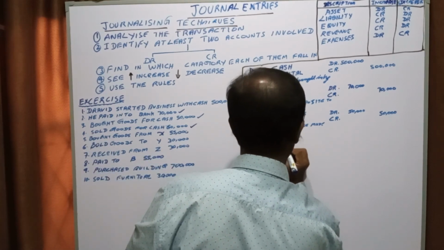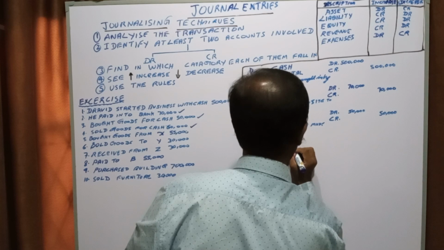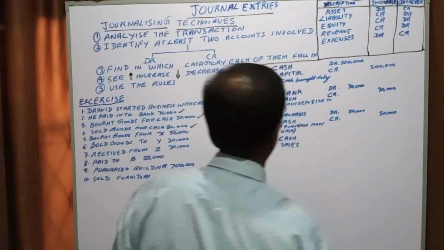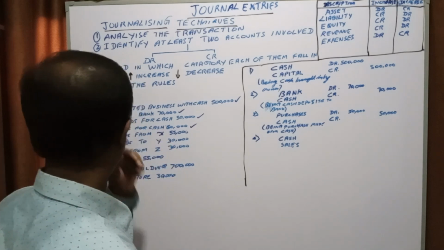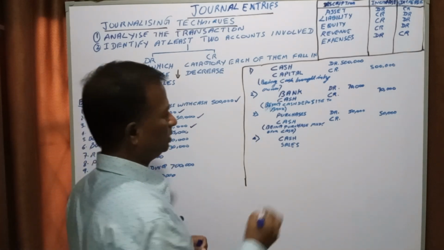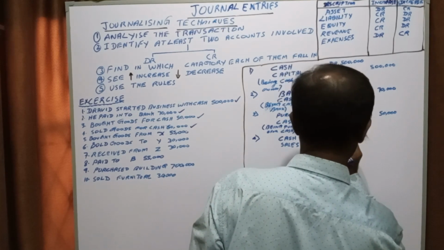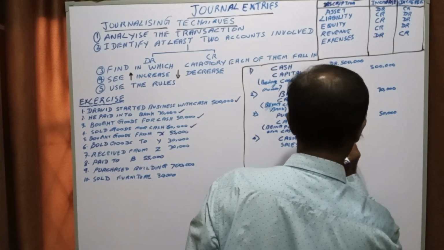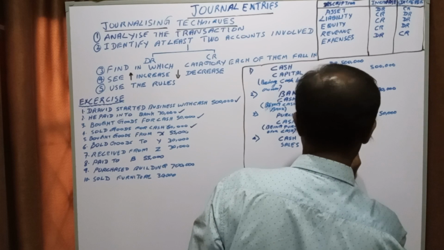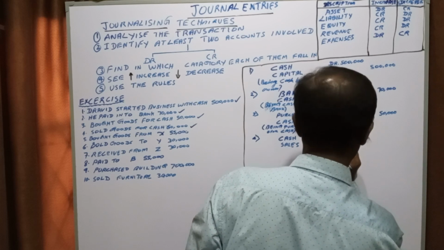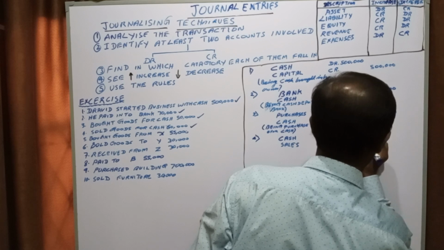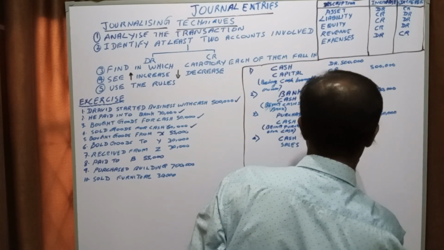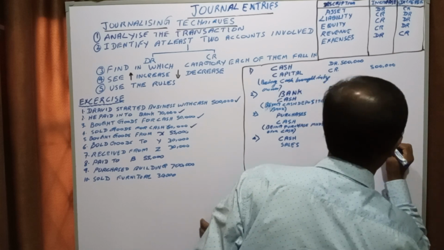Sales account involved. How much? 60,000. Okay. Cash account debited, and sales account credited. Okay.